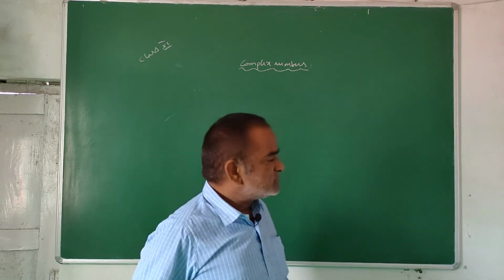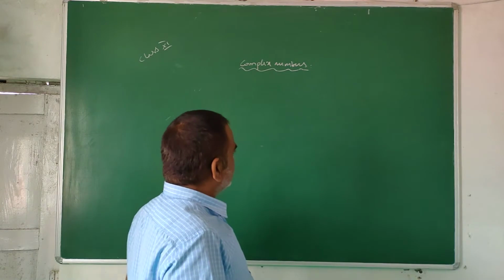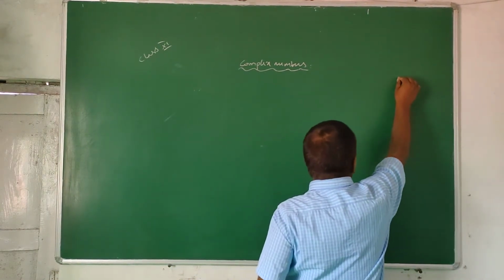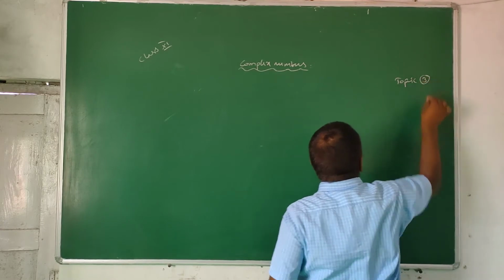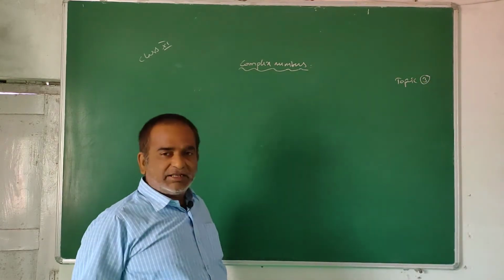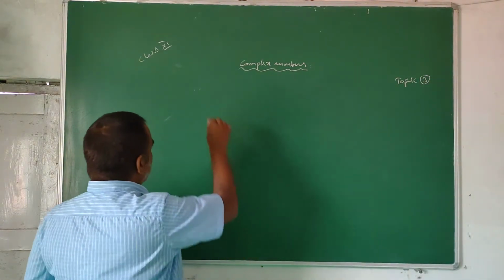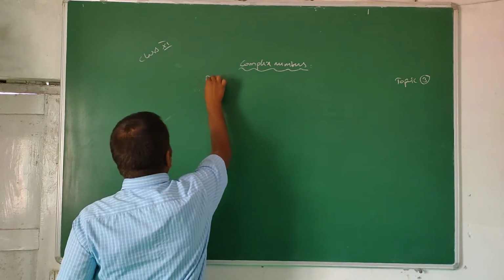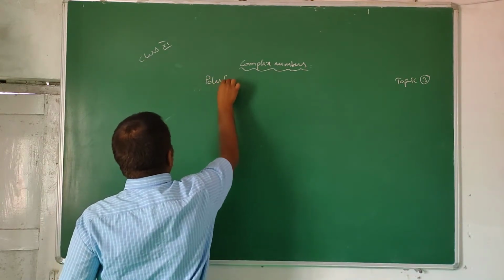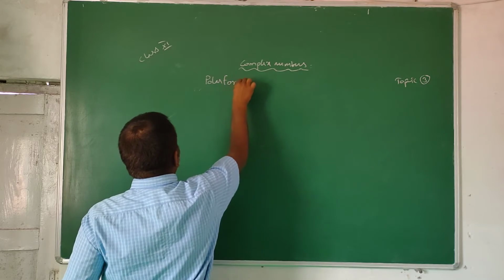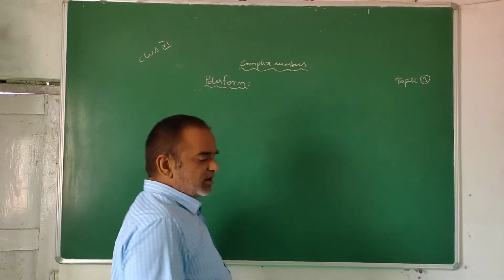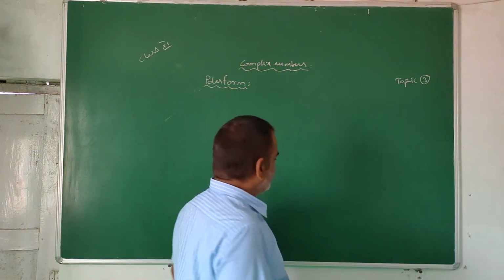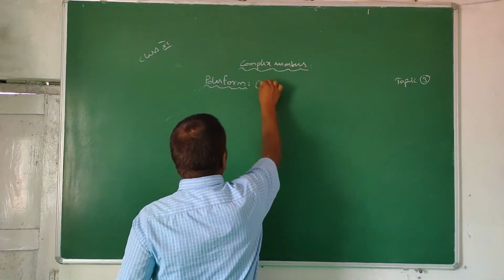Now we are going to discuss another topic in complex numbers, that is the polar form, or trigonometric form, of a complex number.